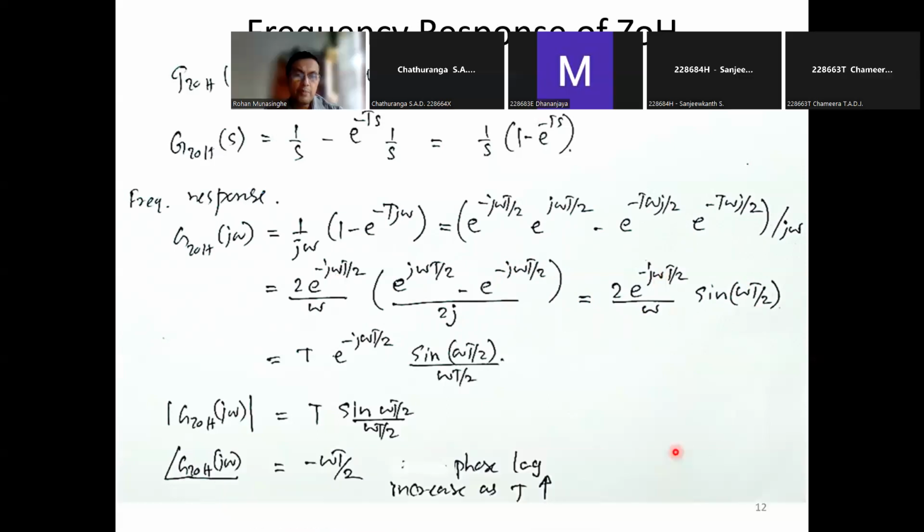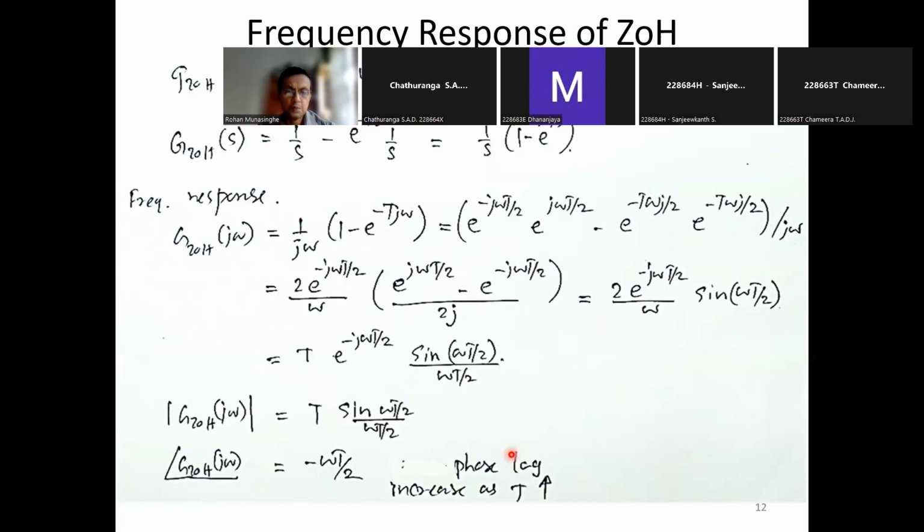Now we have some better idea of what the zero-order hold circuit is in terms of frequency. Now, if you want to get the magnitude, how the magnitude of different frequencies change as the signal passes through the zero-order hold block, you need to get the magnitude of this one. So from here it is T sine omega T/2 over omega T/2.